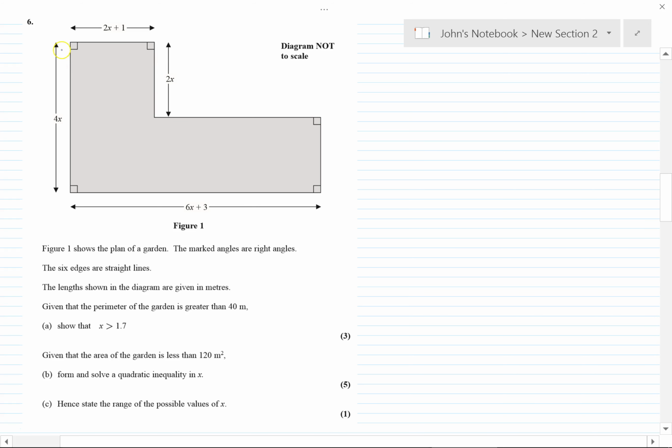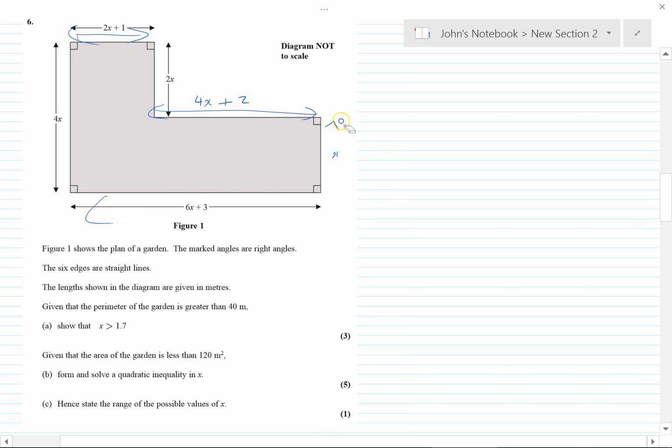We can see that because this whole length is 4x and this length is 2x, I think you see that at GCSE quite a bit, that length must be 2x. Okay, and we can also see because this is 6x minus 3 and this is 2x plus 1 here, this length has to be the difference between those two, which is 4x plus 2.